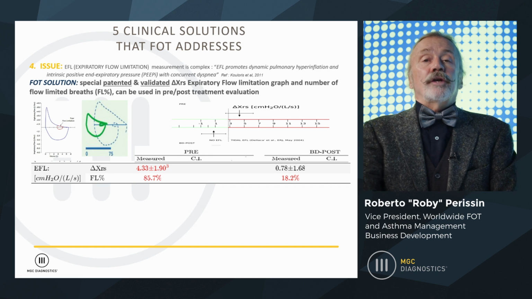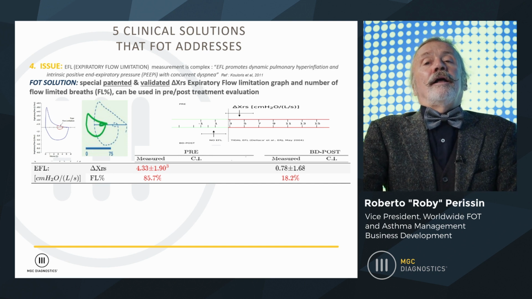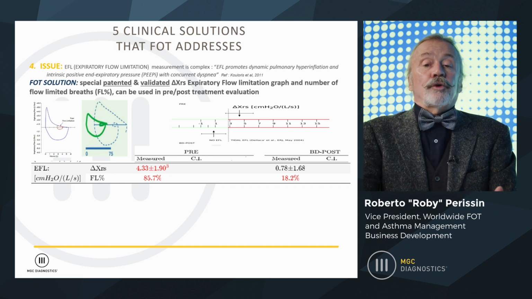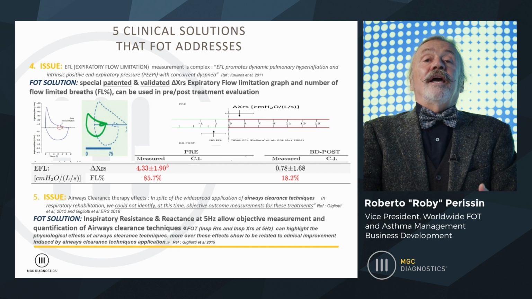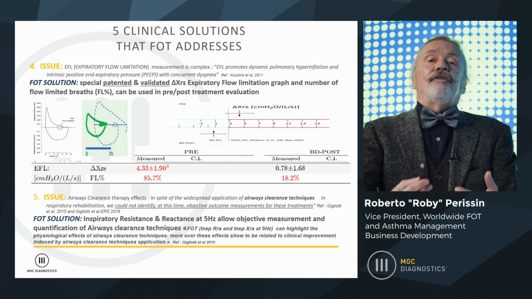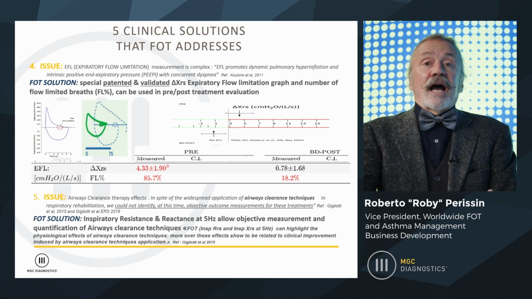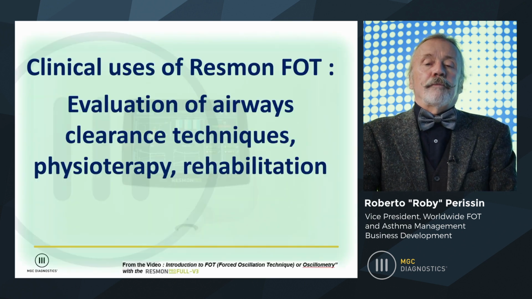The determination and quantification of tidal expiratory flow limitation is possible now, and last but not least, the use in the evaluation of airway clearance techniques. So the physiotherapy that works on a patient for half an hour removes an obstruction. How well has it been removed, how efficient was that maneuver?